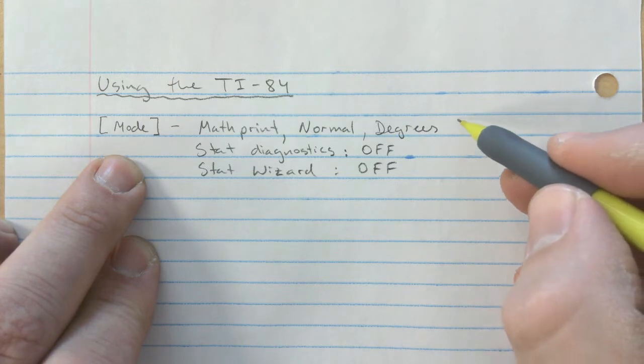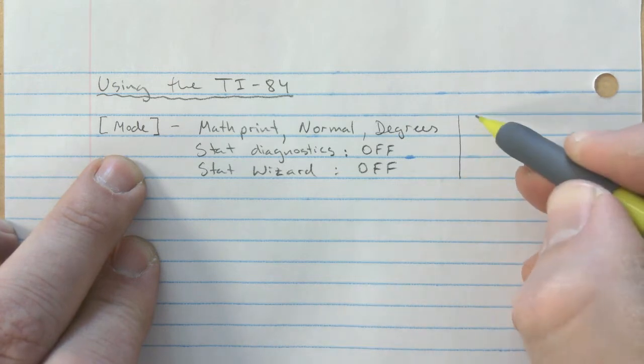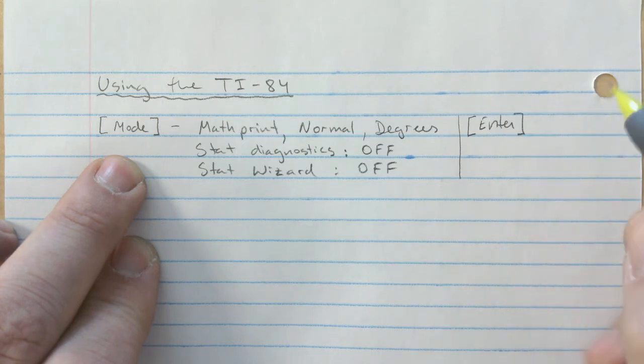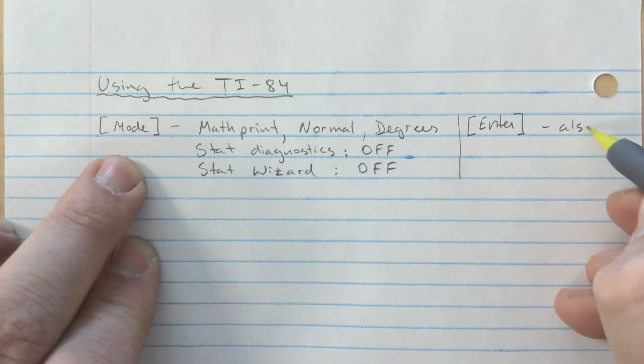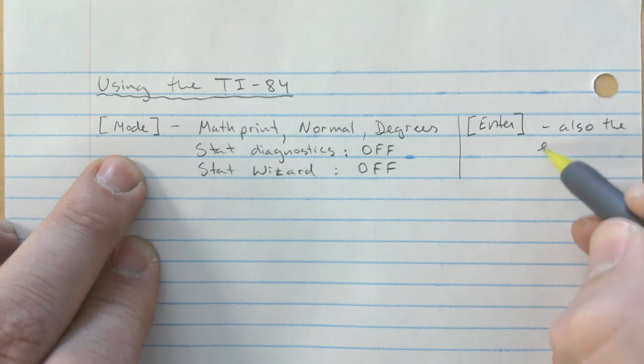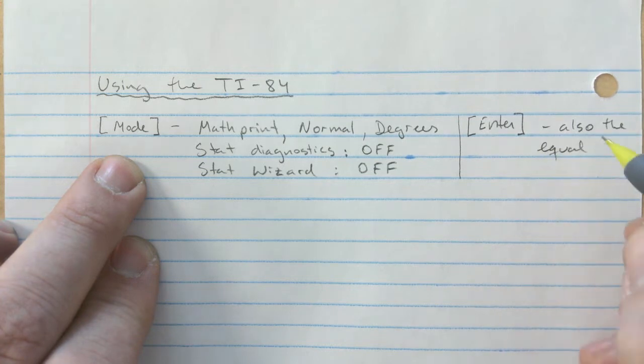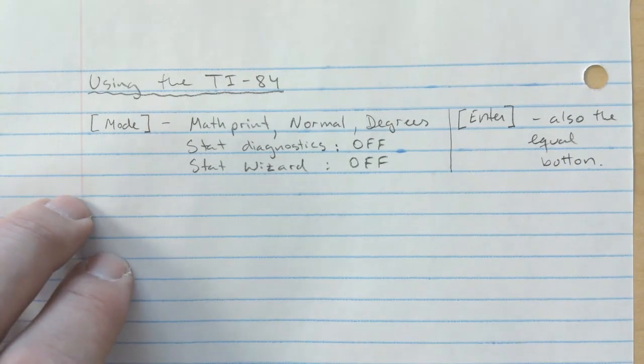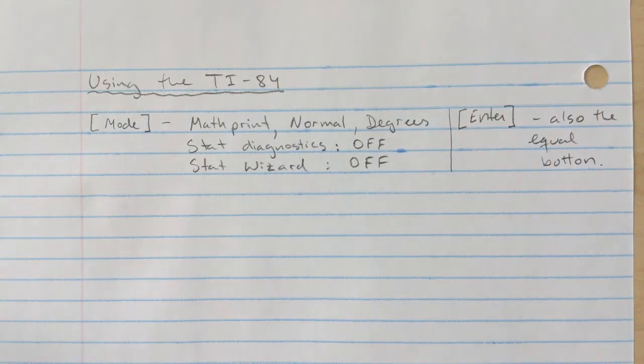And I will make a little side note here that the enter button is also the equal button. Okay, so you can know that. So before we continue, I'll do the next line yet.